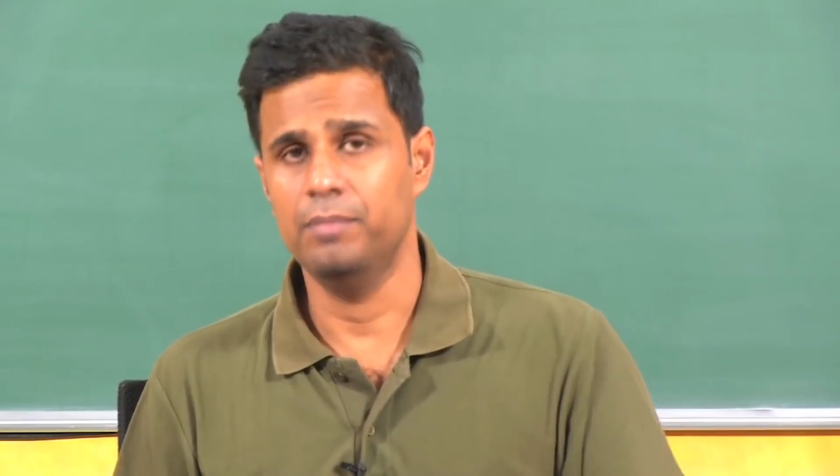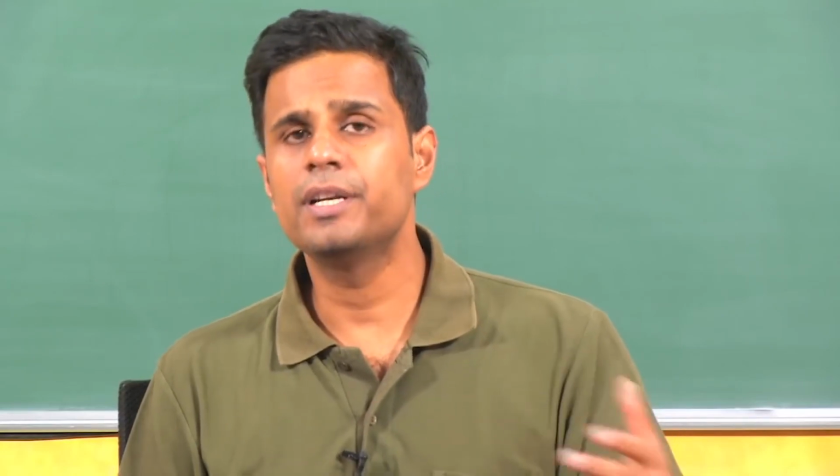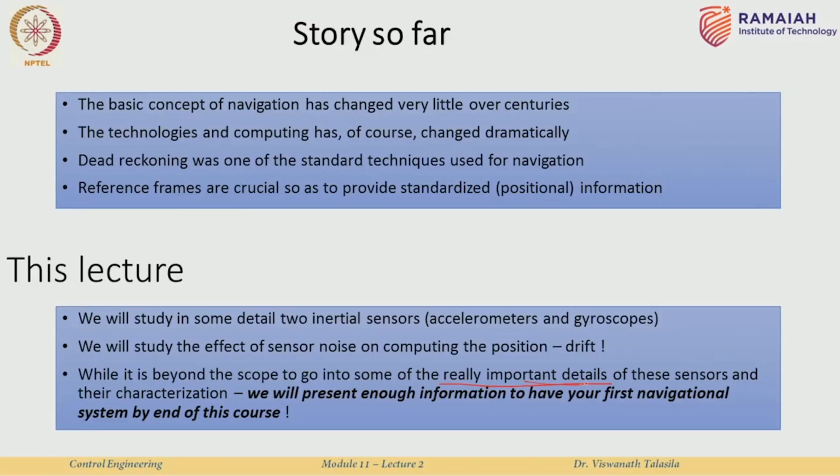That is actually very important if you want extraordinarily good navigational precision and accuracy. But the objective for a second or third year undergrad student is just to have enough information to develop your own navigational system by the end of this course. That is really the objective of this set of lectures.